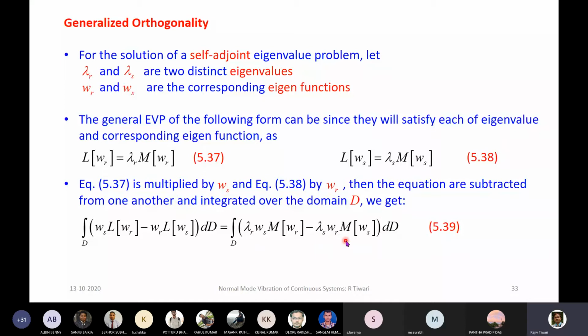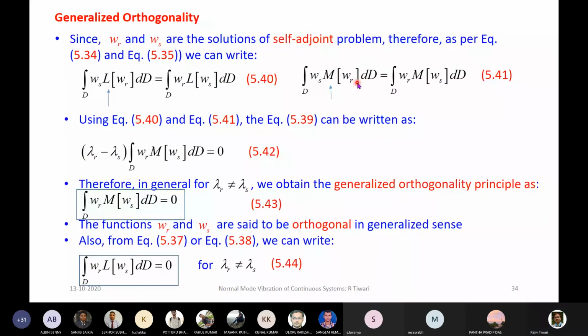This will not cancel everything, but we are able to take these two common because they are equal. So here we have done that. So lambda R minus lambda S, and we have taken the mass operator outside. We have taken one of them, WR and WS here. We could have taken the other way around also, but because they are the same, I have taken WR and WS.